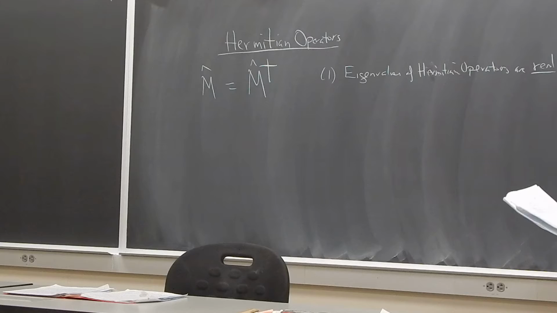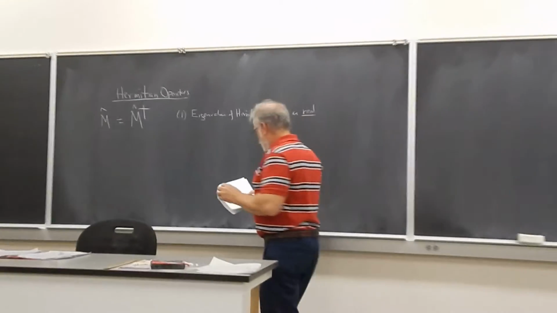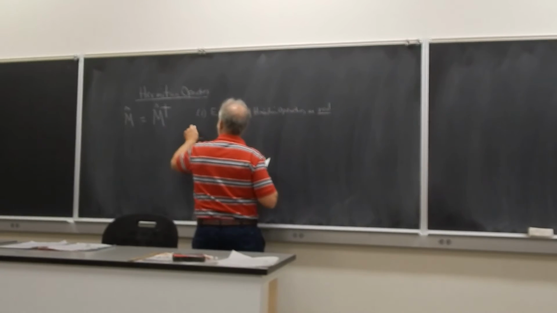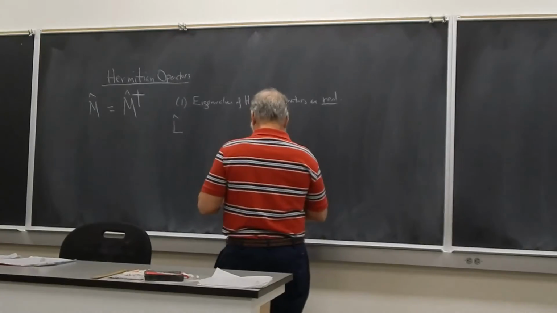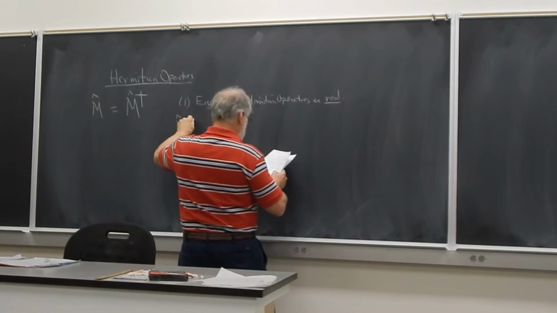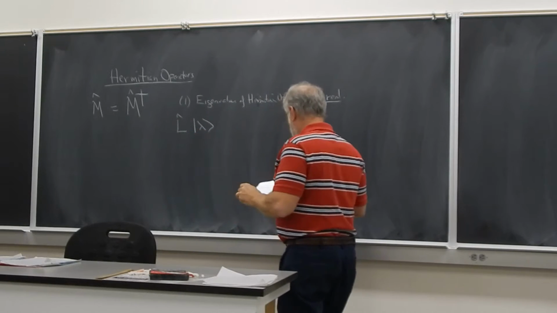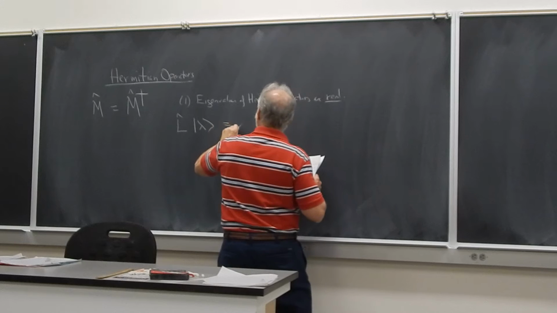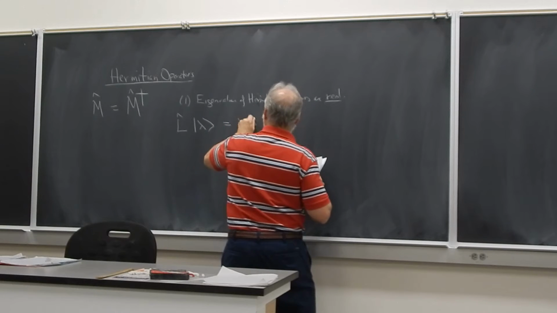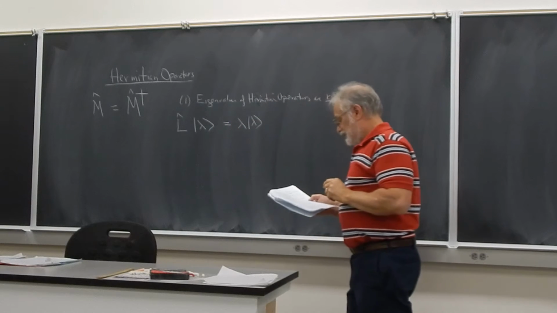So you get a real answer. And we can prove that very simply. Suppose L is a Hermitian operator, and let's apply it to some eigenvector lambda. And let's say it gives us some eigenvalue lambda, ket lambda.